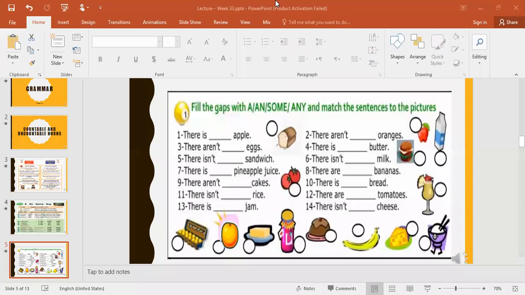Ali Shogri. Miss, can I do it? Lower your hand. Lamar, mute. Ali Shogri, do the last one, please. Okay, Miss. There isn't any cheese.